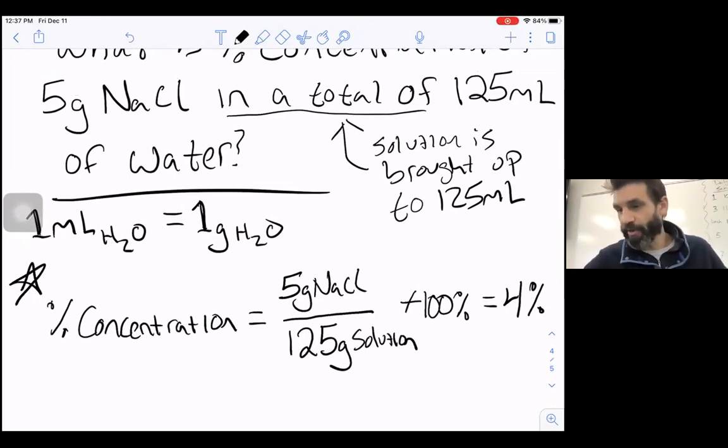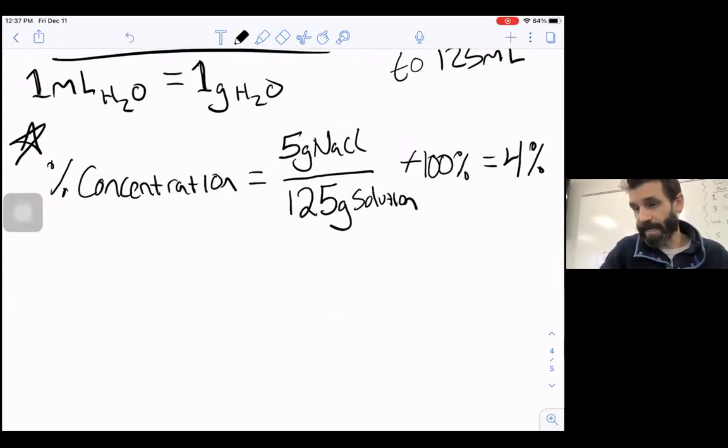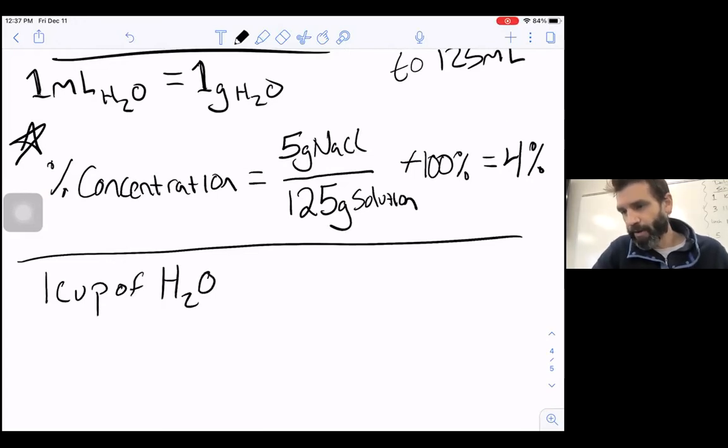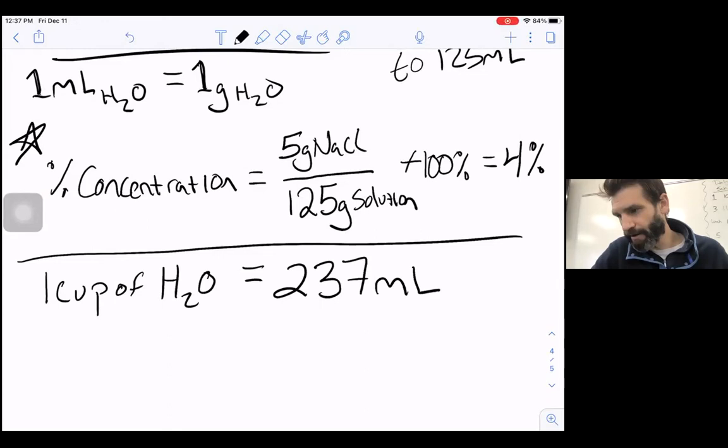Now think about how this might be different for what you did when you were measuring yours. Let's say I took 1 cup of water, which is equal to, I think, 237 milliliters.